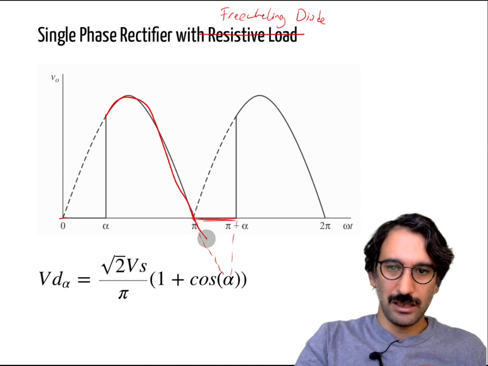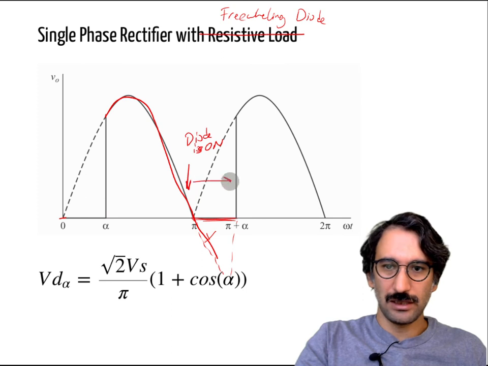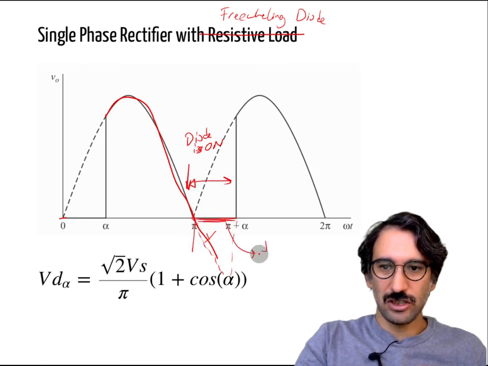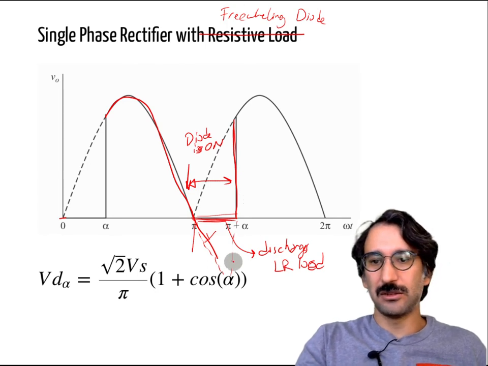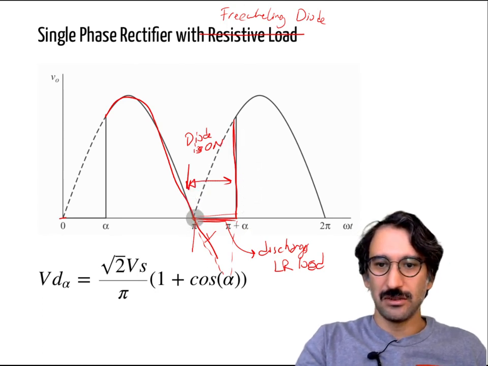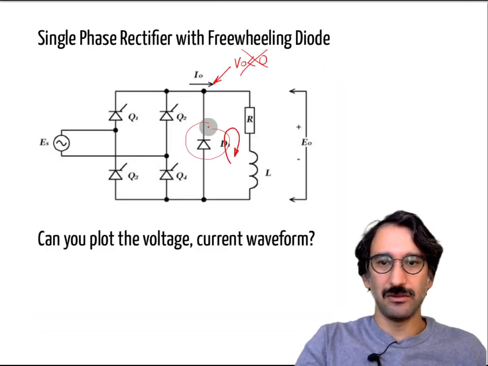Whenever it wants to go to that point, the diode is on in this region, so it will just discharge the RL load until you fire the next set of thyristors. So again, the output voltage is not allowed to be negative for this case.